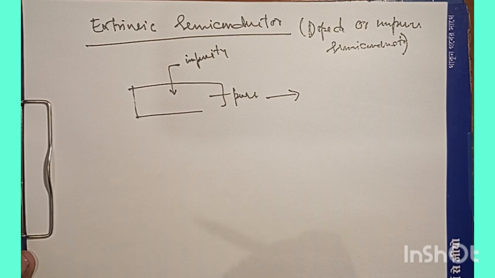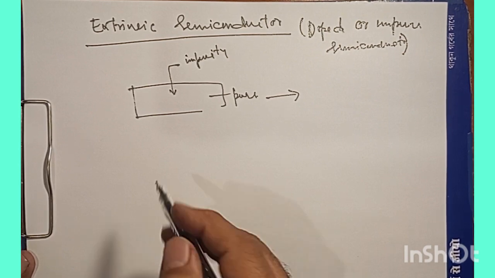If the temperature of this intrinsic semiconductor is increased considerably to have more and more charge carriers in order to increase its conductivity, it may get damaged. So to increase the conductivity of an intrinsic semiconductor, some suitable impurities ought to be added.